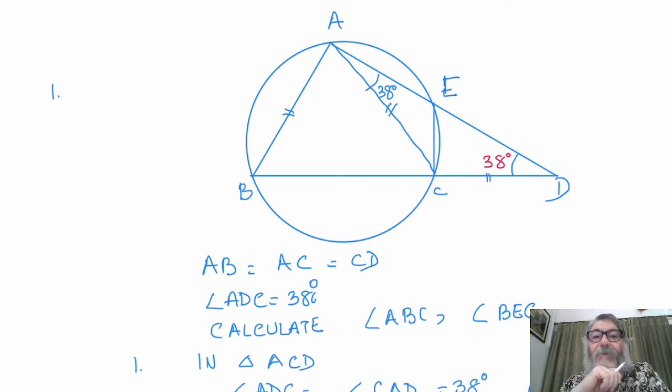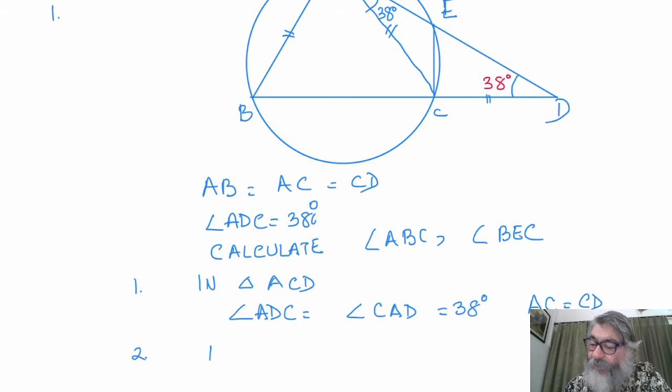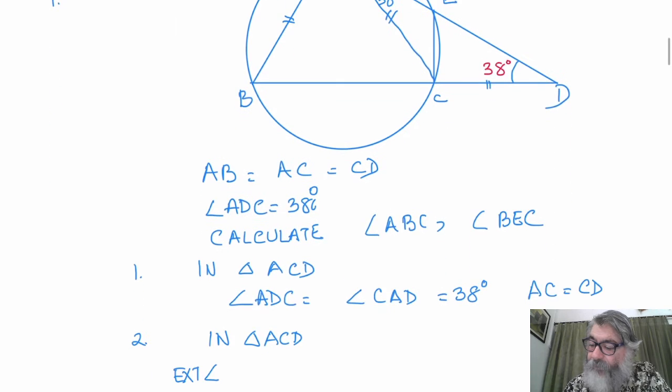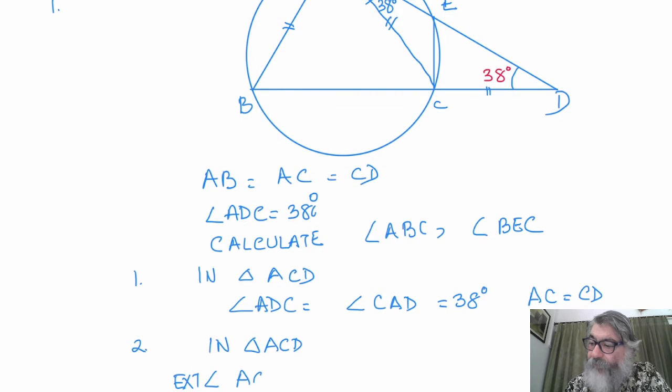Now again I will take the triangle ACD. In triangle ACD, exterior angle ACB will be equal to 38 plus 38, 76 degrees.